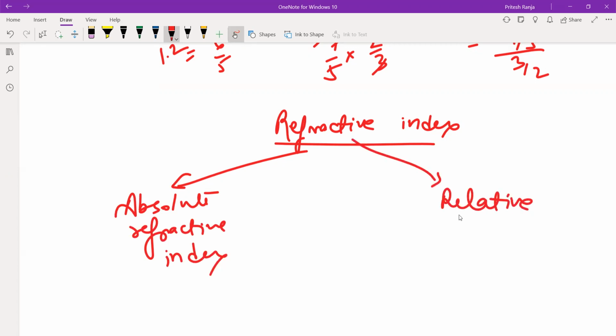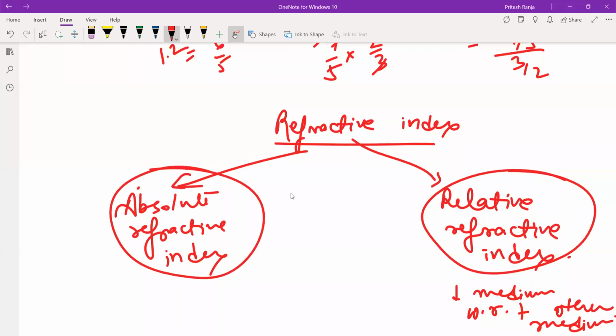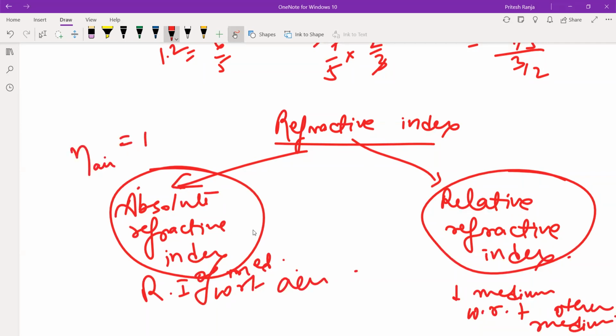And we have seen the problems related to the relative refractive index, where you define the refractive index of one medium with respect to the other medium. And absolute refractive index means you are just talking about refractive index of any medium with respect to air. And because the refractive index of air is 1, that's why this is called as absolute refractive index.